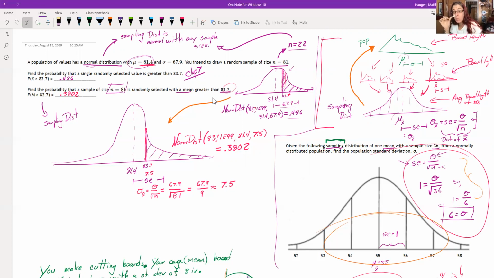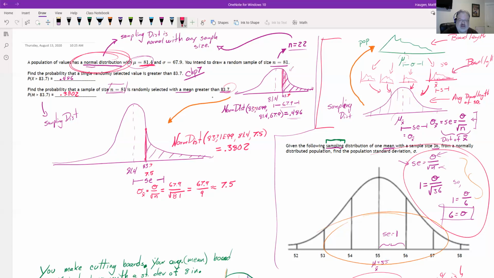So what happens if it goes below 30? I know I read it, but if you don't have 30? If you don't have 30 and the original population is normal, you're still safe. The original population is just normally distributed, whatever it's like.